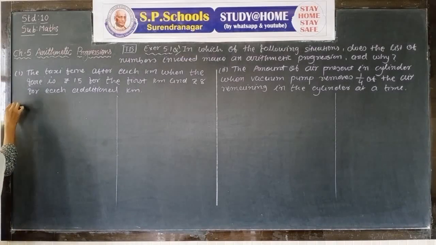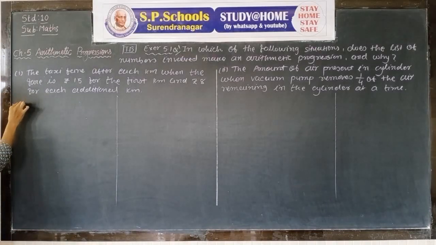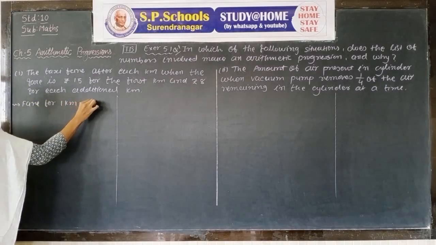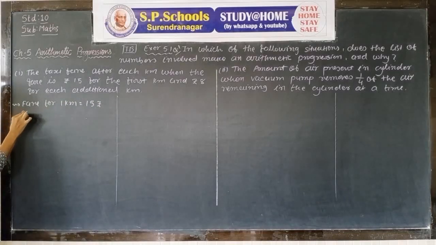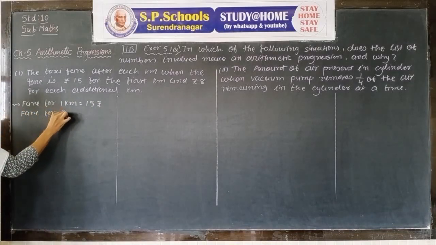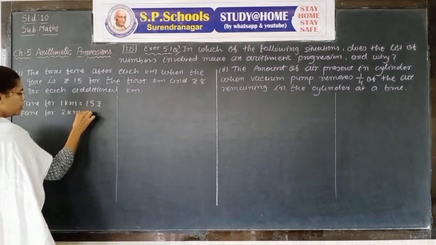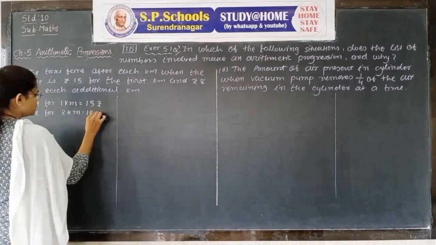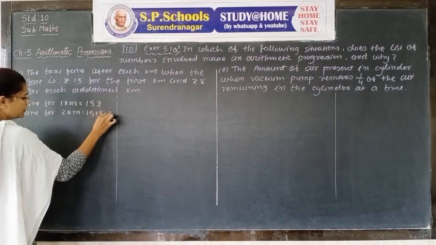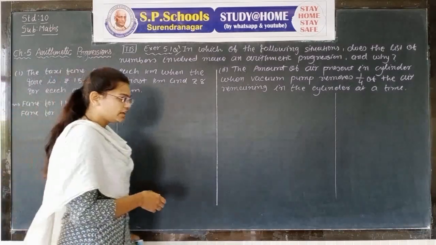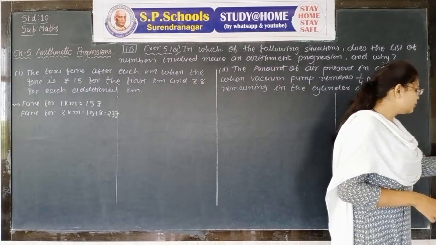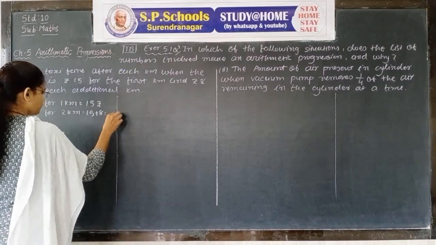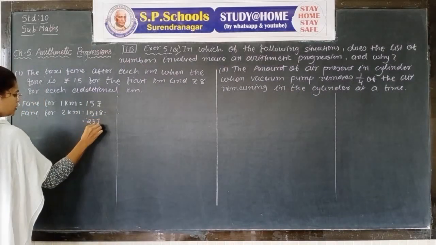First of all, to make a list of numbers, fare for 1 kilometer is equal to 15 rupees. Then the fare for 2 kilometers is 15 rupees for 1 kilometer and for each additional kilometer ₹8, which is equal to 23 rupees.